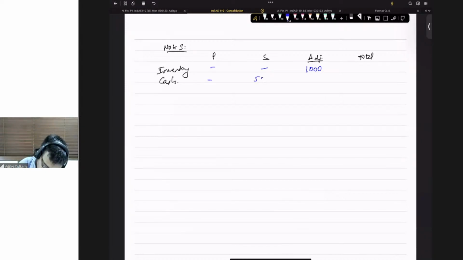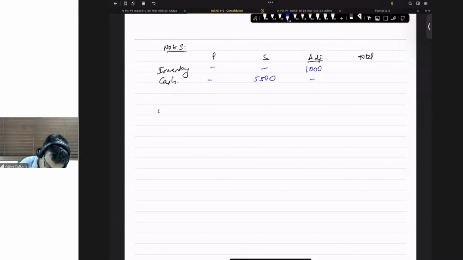And now S Limited is coming to you with a 5,500 cash balance. So this is the position of note number 1 as it looks right now on 31st March X2. NCI will not be there.